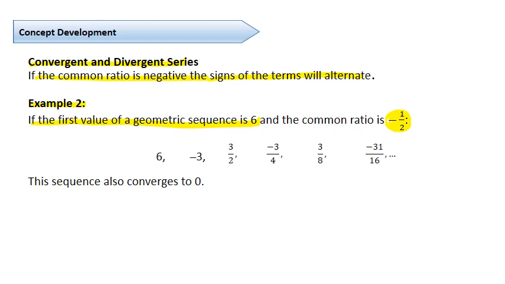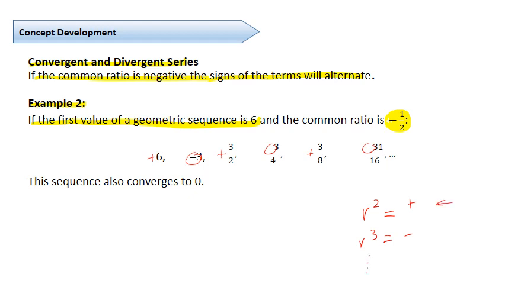And what you should be able to notice is that the first term is positive, the second term is negative, positive, negative, positive, negative. And this is a really important characteristic of geometric sequences where our common ratio is negative, and it stems from the fact that r squared equals a positive number, r cubed equals a negative number, and so on and so forth.